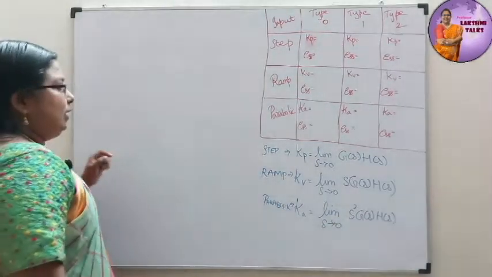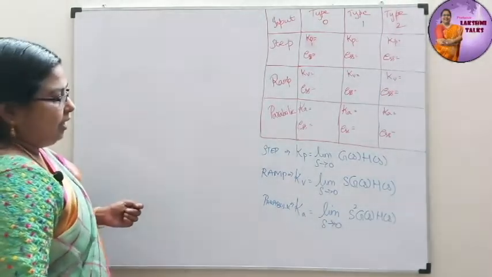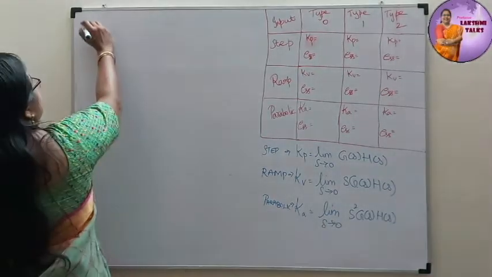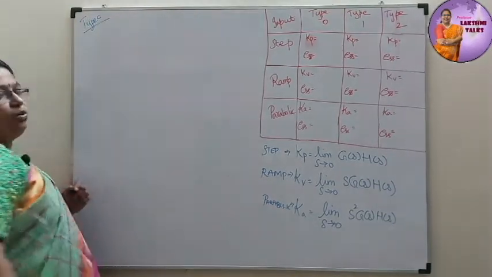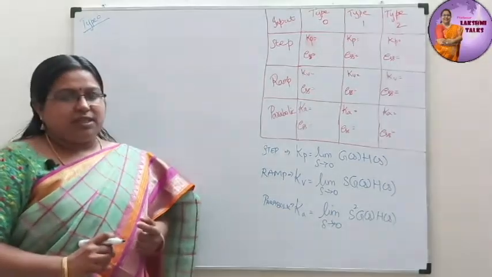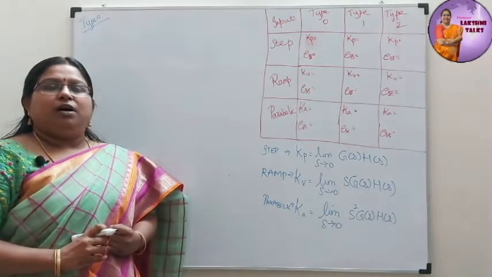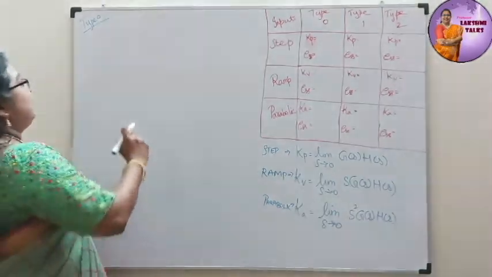Now let us start with the types. Assume that it is a type 0 system. What is meant by a type 0 system? We have already seen that the type of a system is the number of poles at the origin.